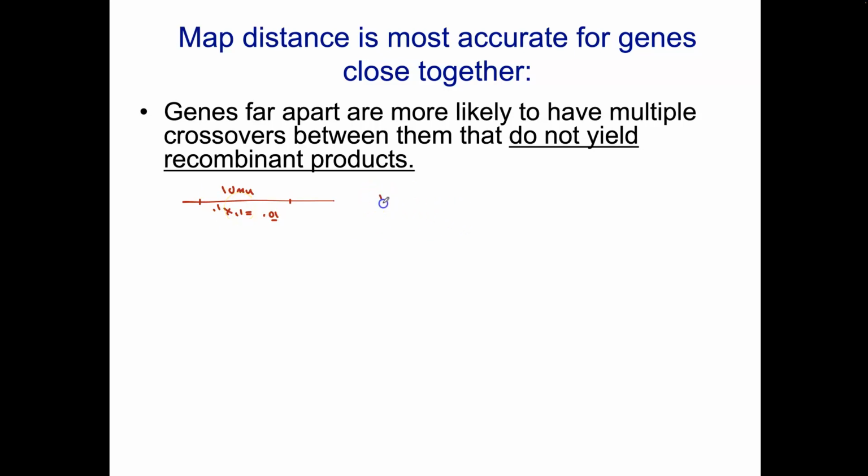If you've got 40 map units, there's a 16% chance, because it's 0.4 times 0.4, 0.16. There's a greater chance of getting double crossovers.